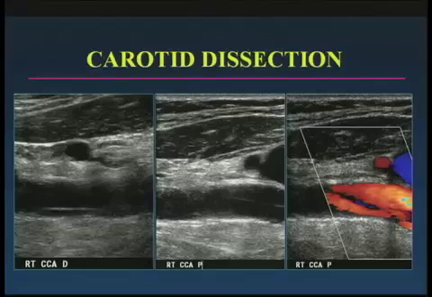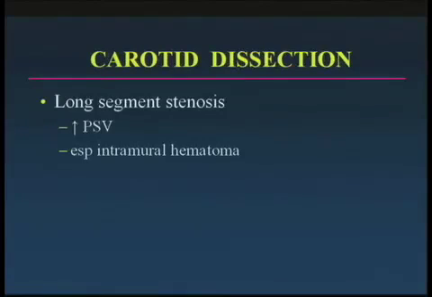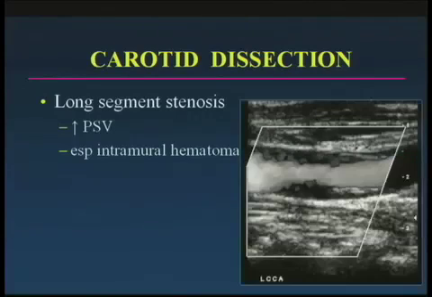Here's another example demonstrating a nice thin echogenic dissection flap. Both the false and the true lumen were patent, and just to show you how variable that waveform can be. When you see a long segment stenosis with increased velocity and no significant echogenic plaque, look carefully at the wall for an intramural hematoma.